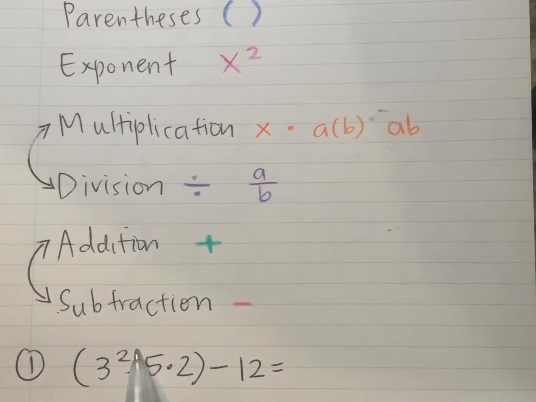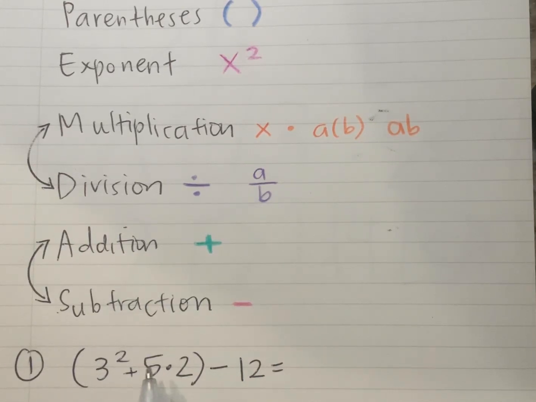Parentheses 3 squared plus 5 times 2, end parentheses, minus 12. So we're going to start our 30 seconds for you to get started. And in 30 seconds, I'm going to review the work. So hopefully by then you'll be able to check your work alongside me.